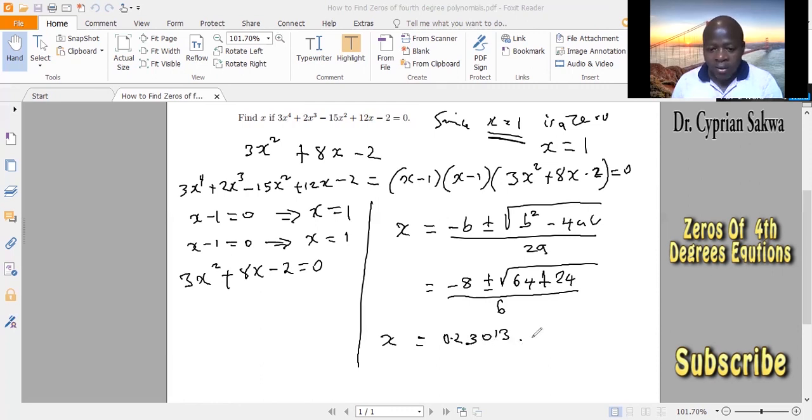And the other value of x that I'm getting is negative 2.8968. But it's a very long value. So we have our solution to this equation.